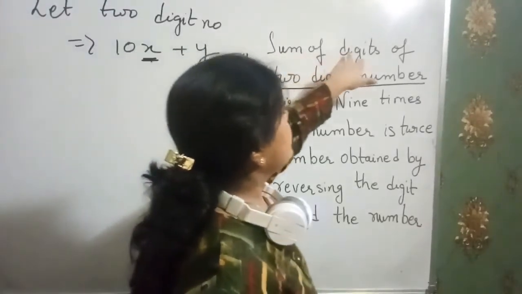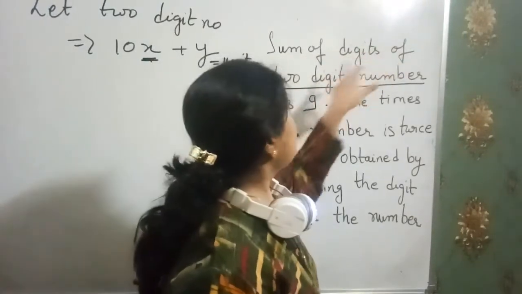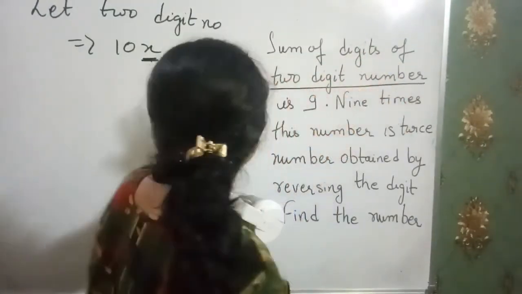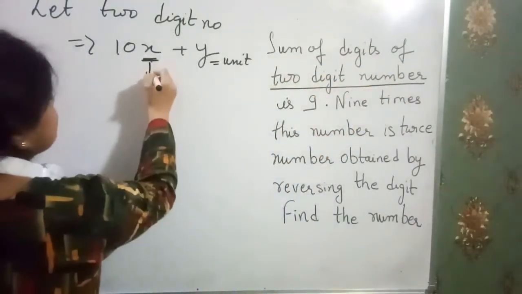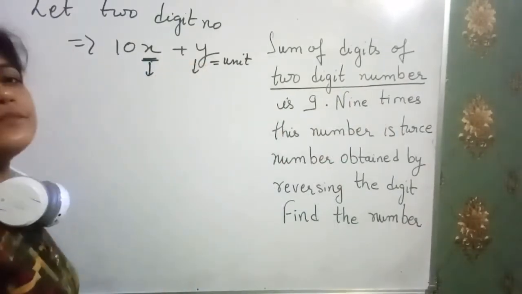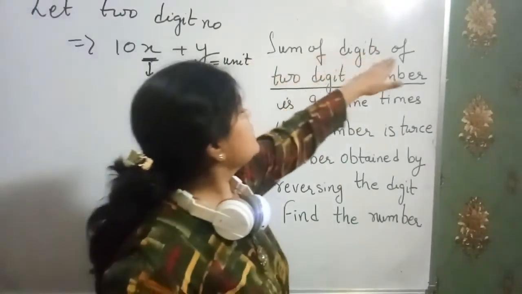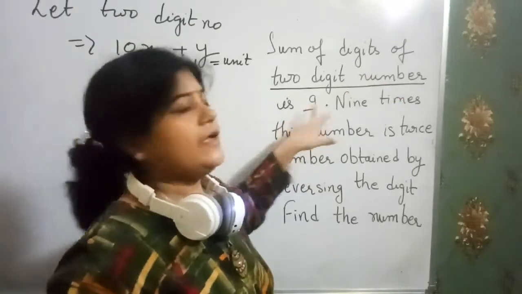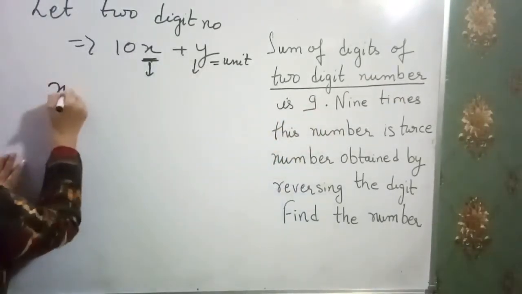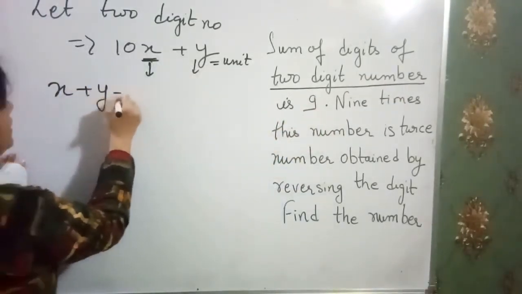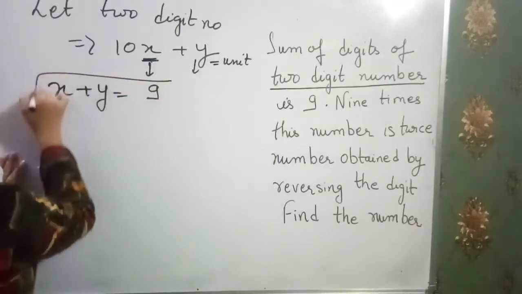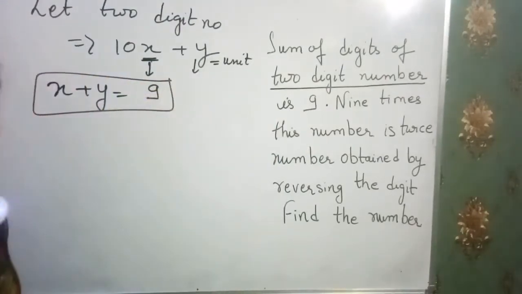Sum of digits of the 2-digit number. What are the digits here? x and y. Clear? Sum of digits is 9. That means if we add x and y only, we get 9. So this is the first equation as it is given in the question.